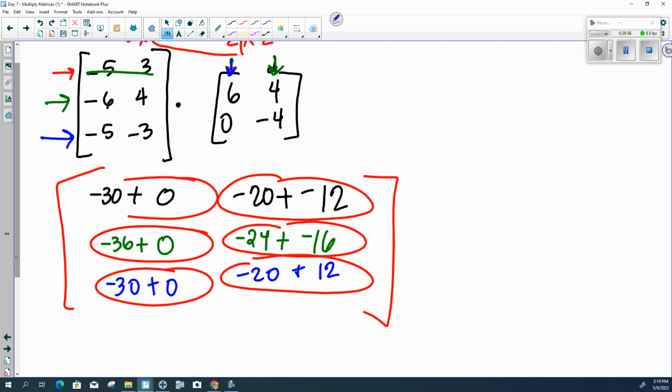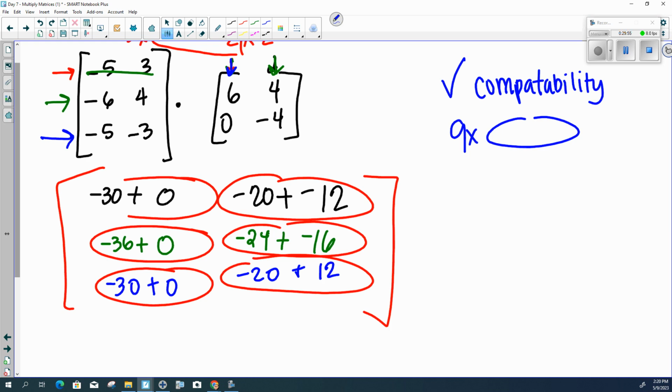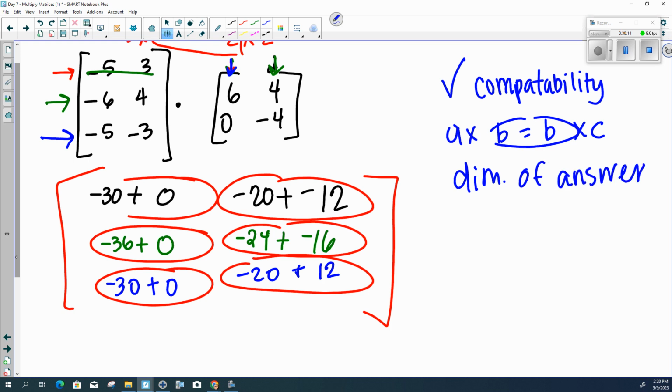Number 8. Okay, so the steps for this. Number 1, which you should have done yesterday, write down the dimensions so you can check for compatibility. It's those two middle numbers. And then find the dimensions of your answer, which in this one would be A by C, and then do your ovals.